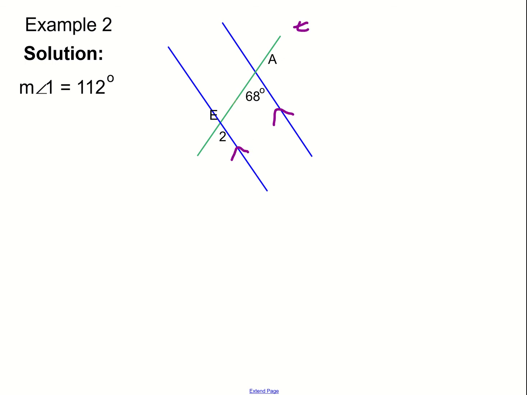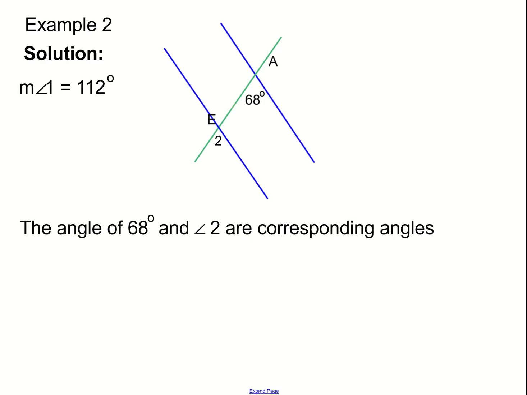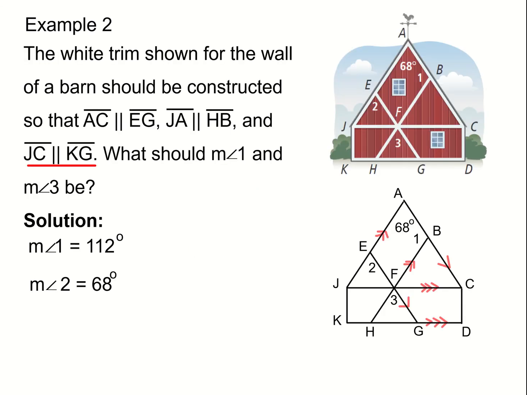And you can also see that 68 degrees and angle 2 are actually corresponding angles. And so because they're corresponding angles, by the corresponding angle postulate, they have to actually be equal. So we know that angle 2 is also going to be 68 degrees. And so we'll go ahead and label that. And so we found angle 2 is 68 degrees.